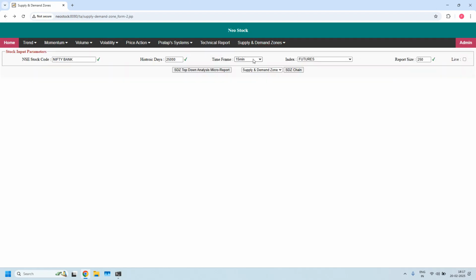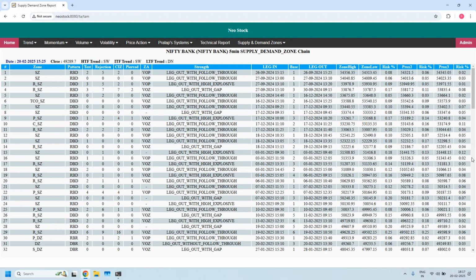Next, 5 minutes supply demand zone chain for Bank Nifty. Serial number 30 is the nearest demand zone. This is the pierced demand zone, the 5 minutes pierced demand zone nearest to the current closing price.